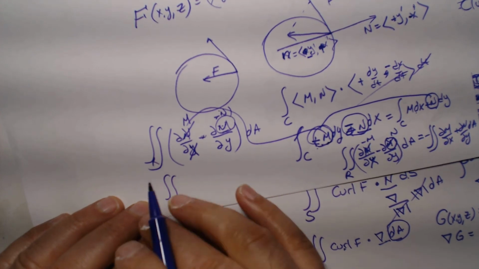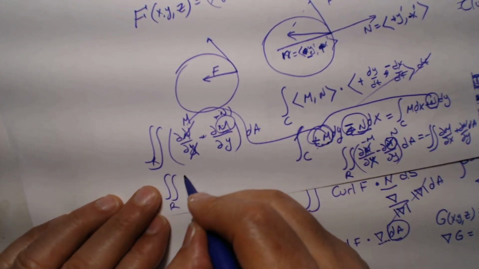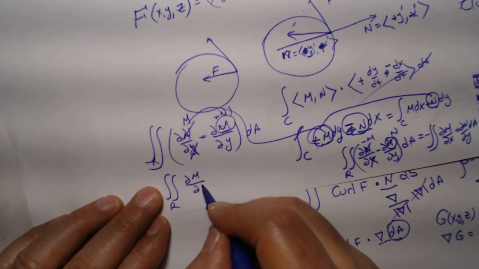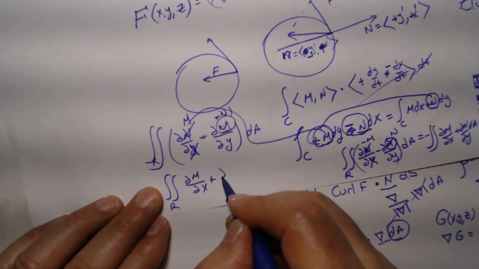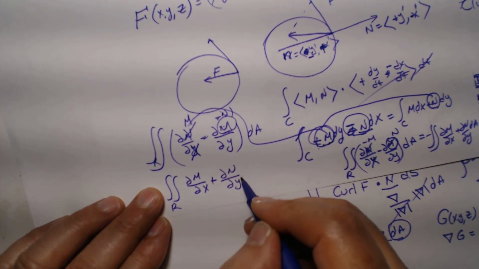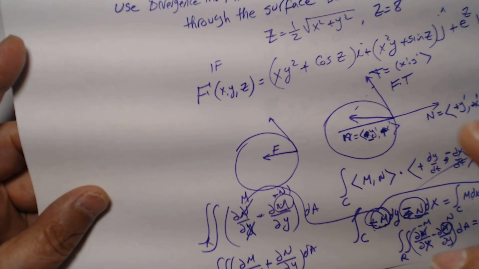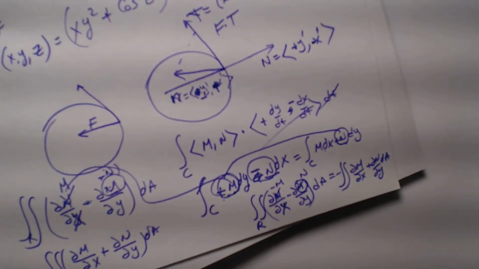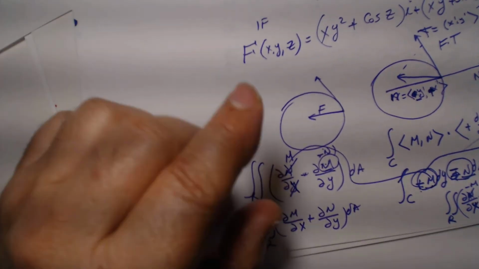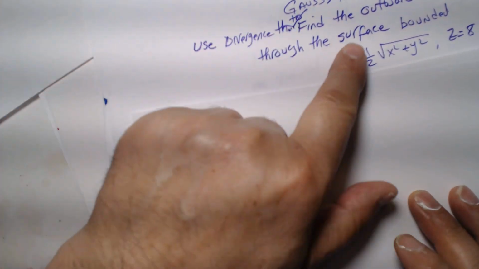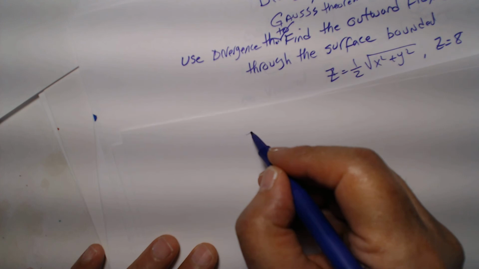And remember, the sign is just in and out, but it has to be positive for out and negative for in, and that becomes plus the partial of N with respect to y. And we proved this one in the last video. But remember, this one was in a plane. What happens when you have divergence and you have a surface?